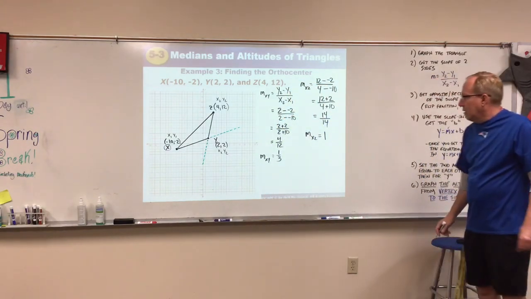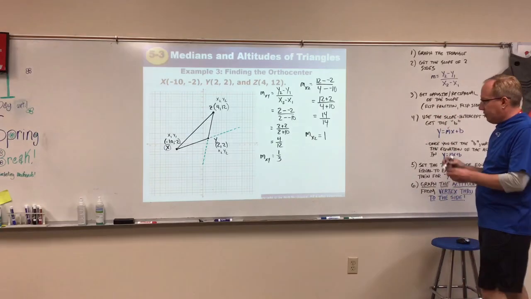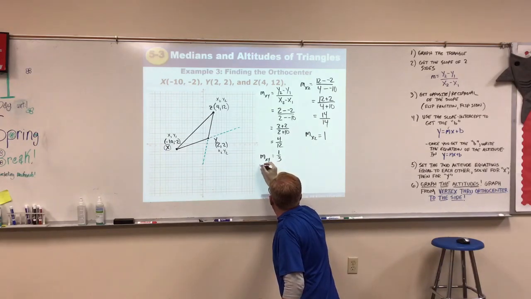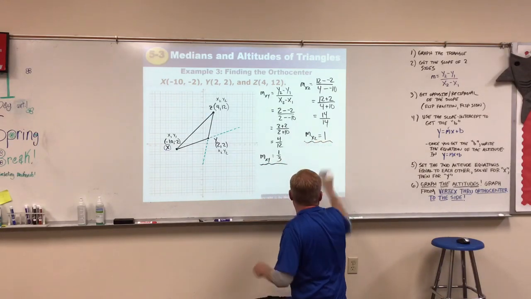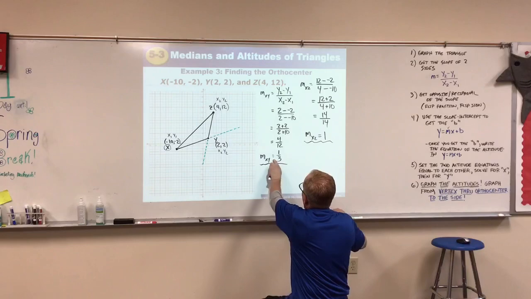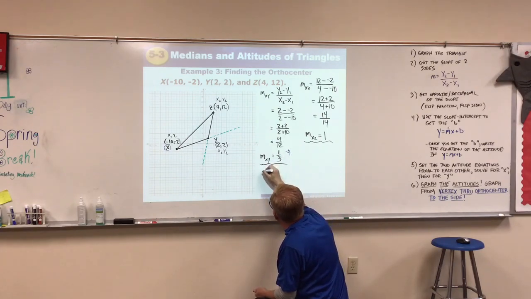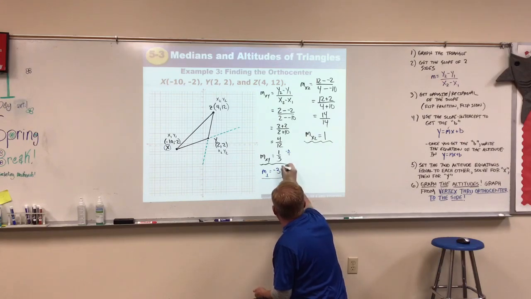All right? Now what I've got to do is get my opposite reciprocal of both. So again, I'm going to flip the fraction, flip the sign. When I flip this fraction, 1 over 3 becomes 3 over 1. This is positive, this is negative. So my perpendicular slope is equal to negative 3. I'm going to box that.